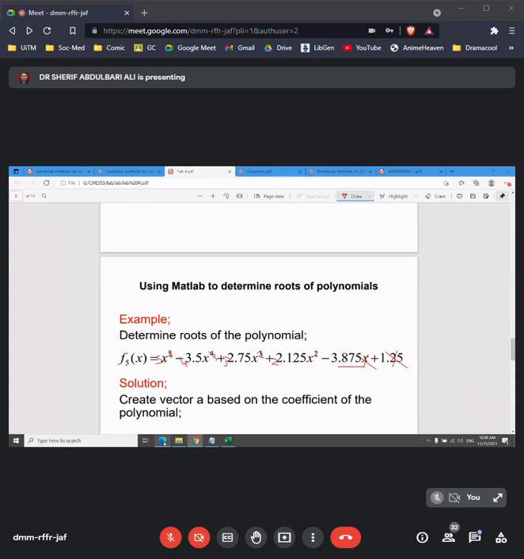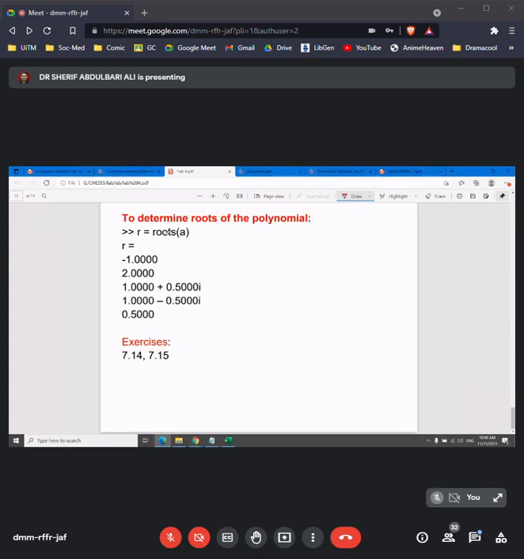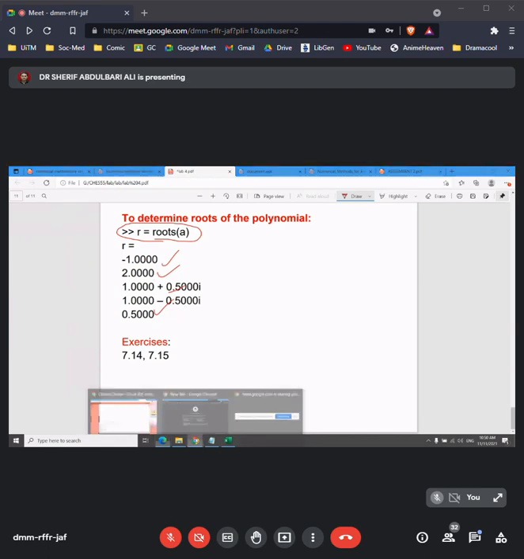This is the command: roots of A, and hit enter. So you're going to get those answers making your roots. So this is a multiple root. Negative 1 will make your polynomial equal to 0, and so will 2 and 0.5. You want to try this?